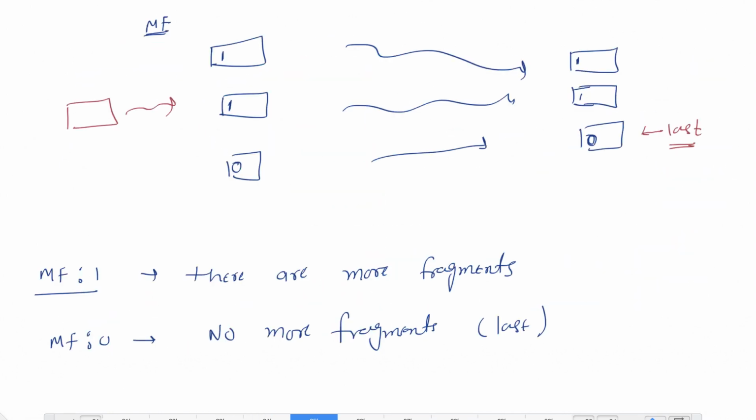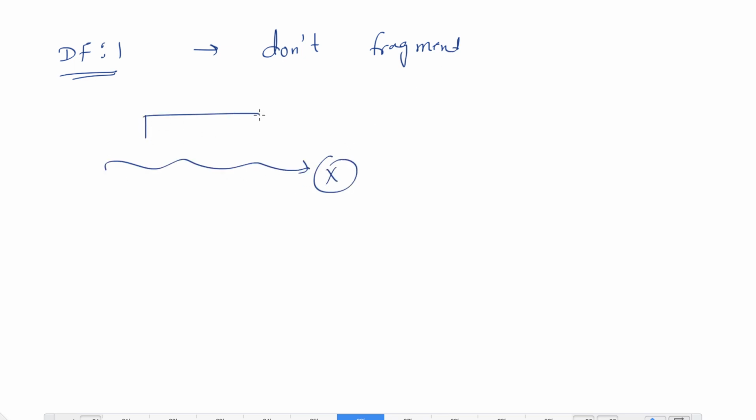Now let's say if DF is 1, then it says don't fragment. Which means, suppose a router has received a packet which has DF set to 1, and the router has to fragment this packet because of the MTU value.